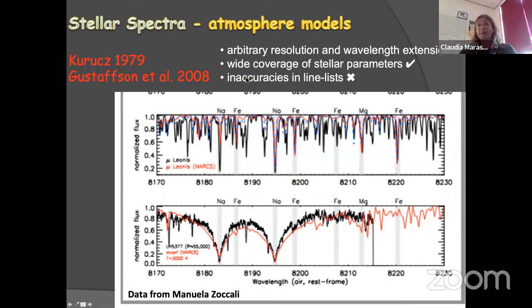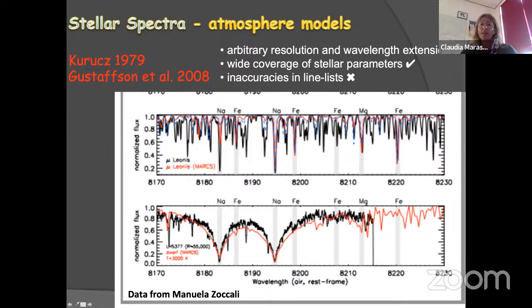The problem is some line lists may indeed suffer from accuracy, and Coelho et al. pointed out inaccuracies at the Balmer lines, for example. I'm showing here something related to a topic of discussion nowadays, but it's just an example: the spectral region of sodium.